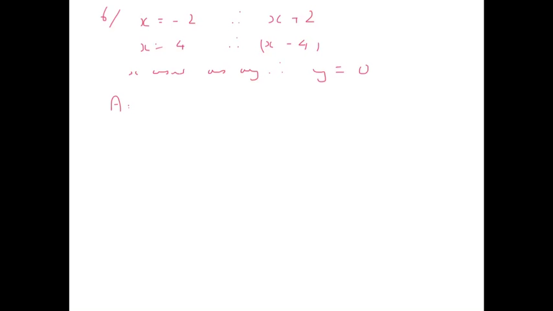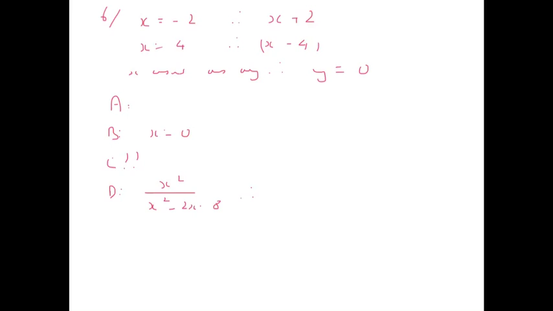B is wrong because it would also have x equals 0 as an asymptote. C is possible, so let's come back to that. D is wrong because if you expand the bottom line, you'll get x squared minus 2x minus 8, and therefore top and bottom are equal.